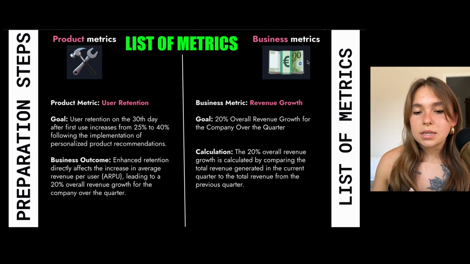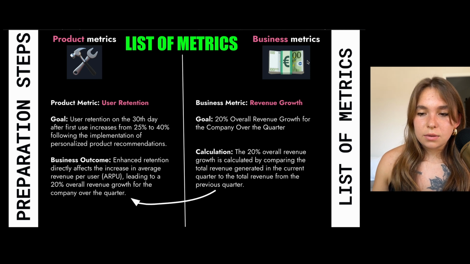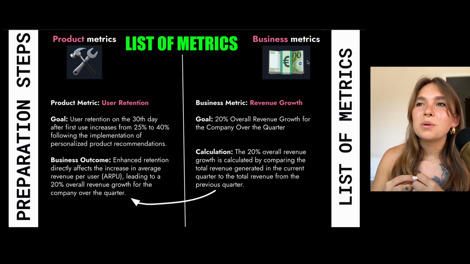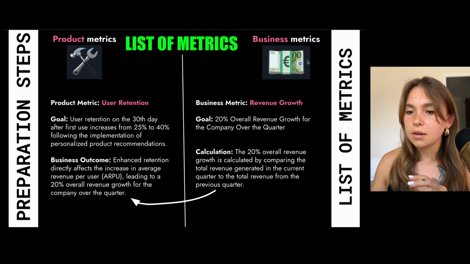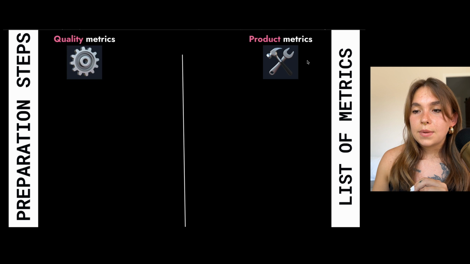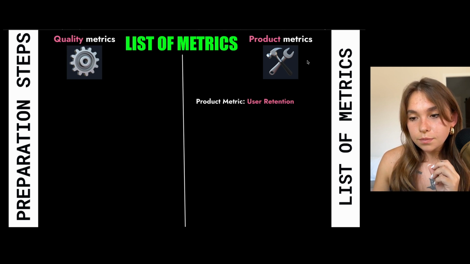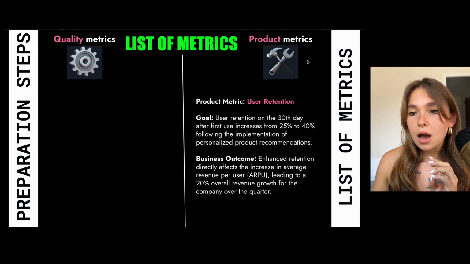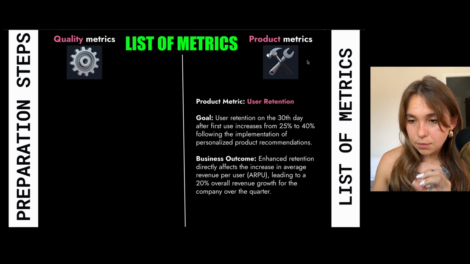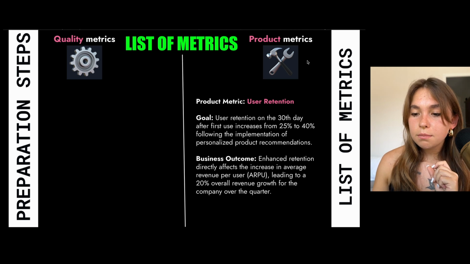And we have a business outcome. Of course, we cannot be sure 100% that we will achieve it, but it's our hypothesis that if we do this in terms of product, we will achieve such results in business. After that, as quality engineers, we can build, based on this product metric of user retention, a quality metric.